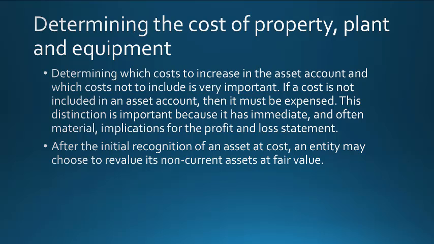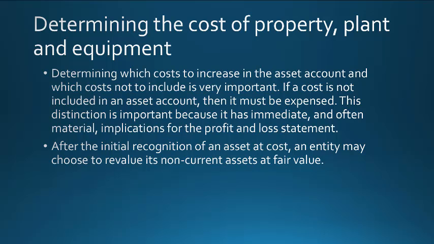If you don't distinguish it properly, it will affect the profit or loss statement. As I mentioned a while ago, if it is capitalized, the expensing of that portion will be allocated through periods of time, while if it is an outright expense, it will have a significant effect on the profit or loss statement. After the initial recognition, the entity may use either the cost method or the revaluation method.